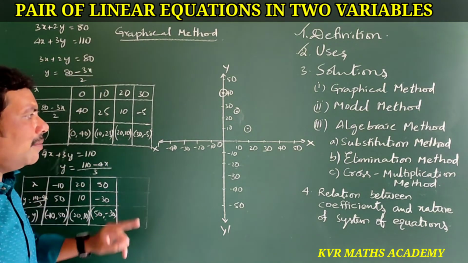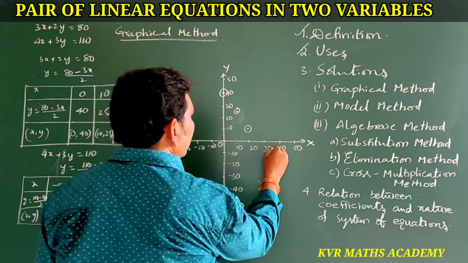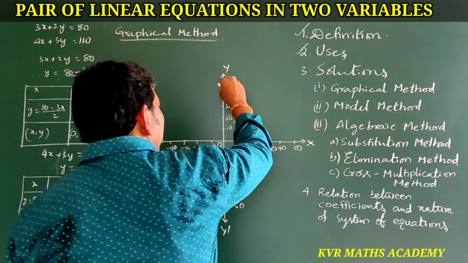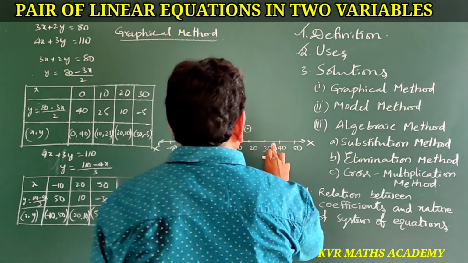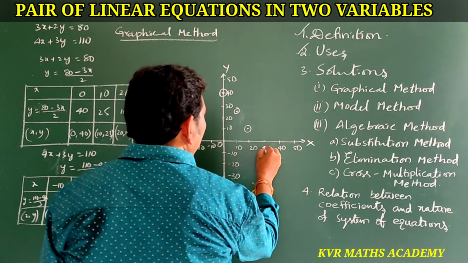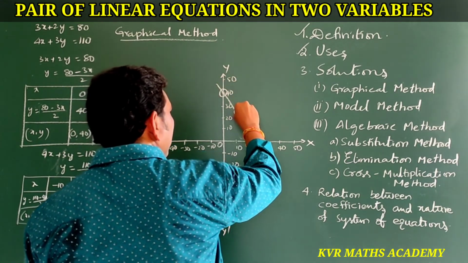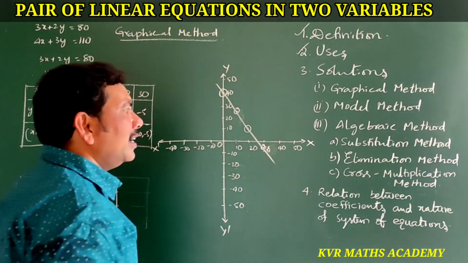Next 30 comma minus 5, here, right? Join this. So this will be a straight line like that.